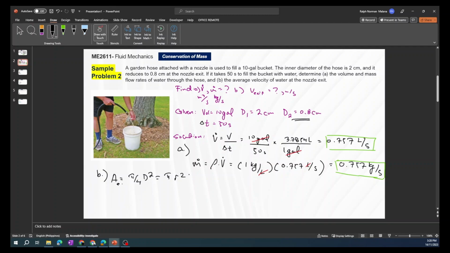It's the same thing. And that's going to be pi times 0.8 centimeters, so that's 0.8 divided by 2, which is 0.4. 0.4 squared cm squared times 1 meter squared divided by 100 cm squared is equal to, let me just click my calculator.